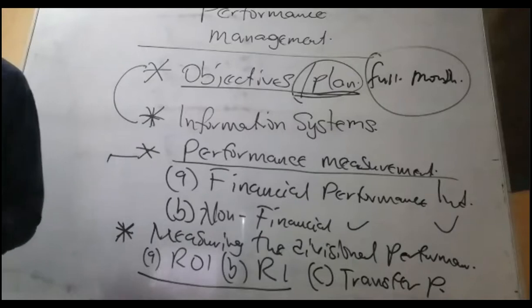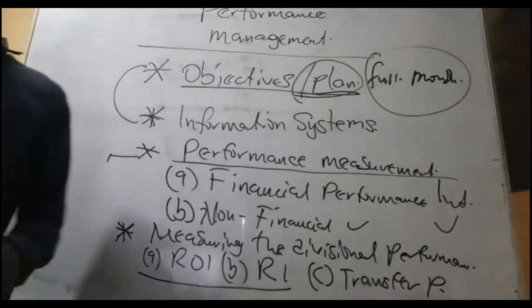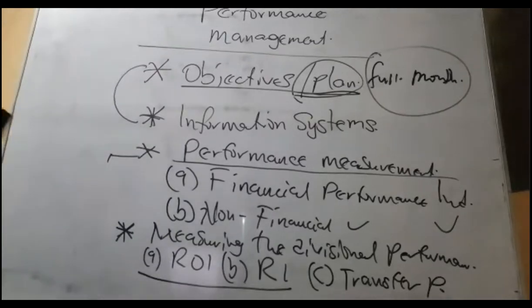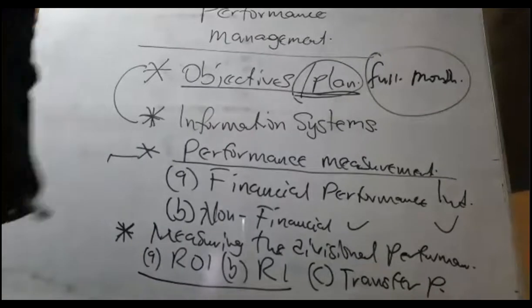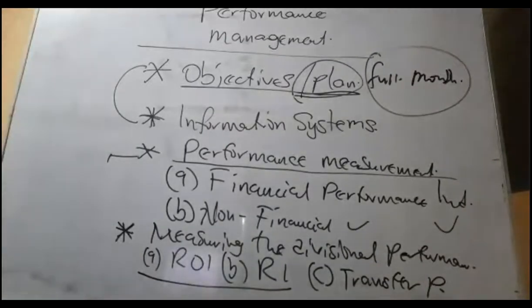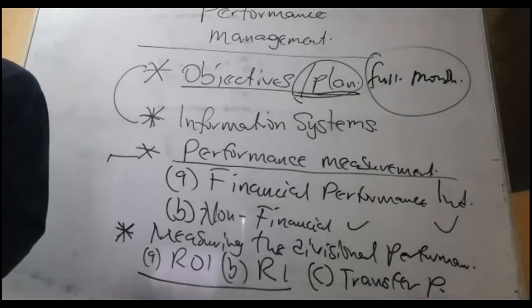Now with the measurement, we can group them into two. We can group the measurement into two: the qualitative and quantitative measurement. So the quantitative talks about the numerical figures.